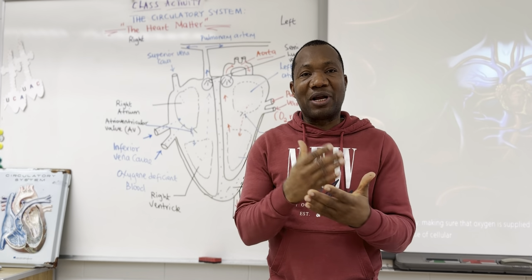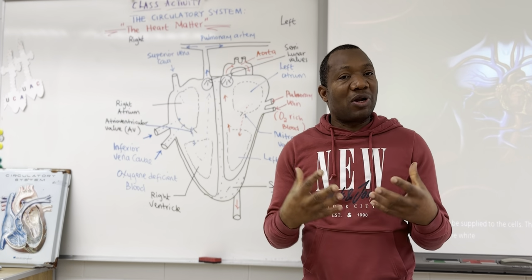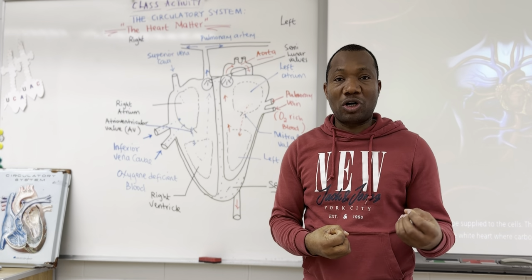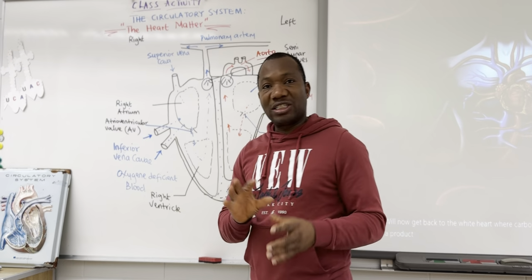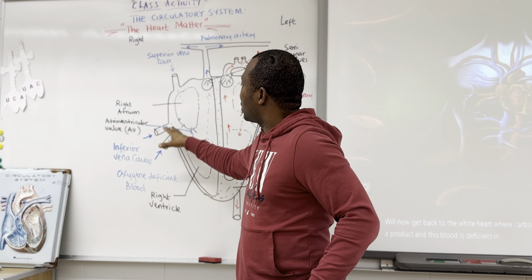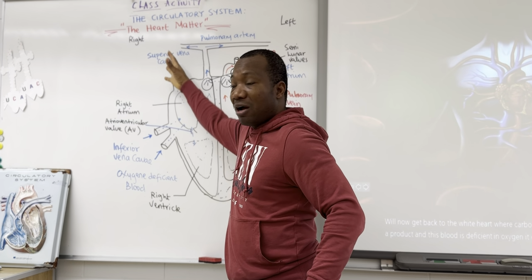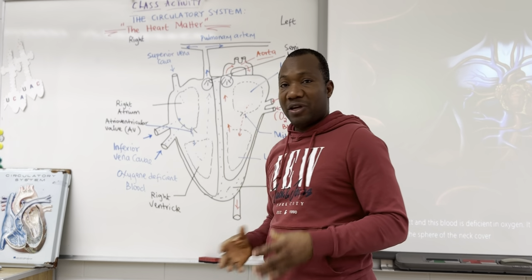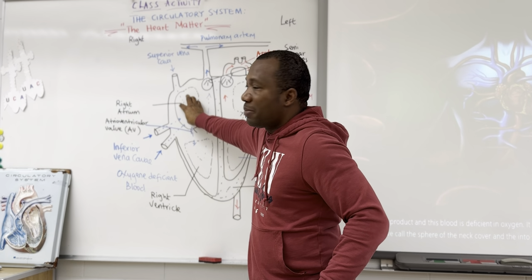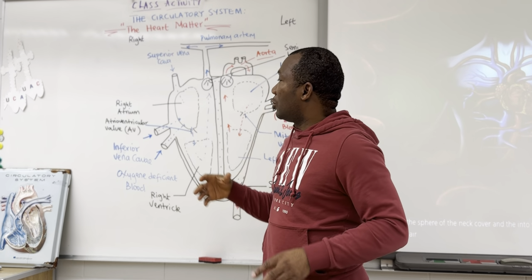And again, the byproduct will now get back to the right heart, where carbon dioxide is being picked up as a byproduct, and this blood is deficient in oxygen. It comes through the heart from what we call the superior vena cava and the inferior vena cava. All of them empty here into the right atrium.